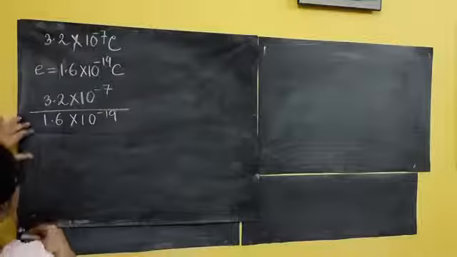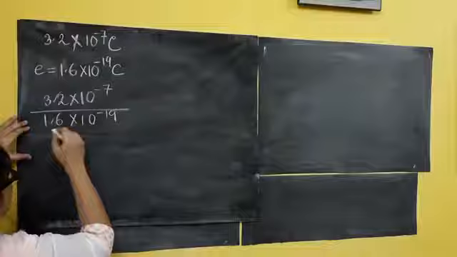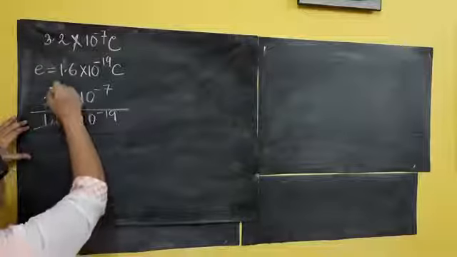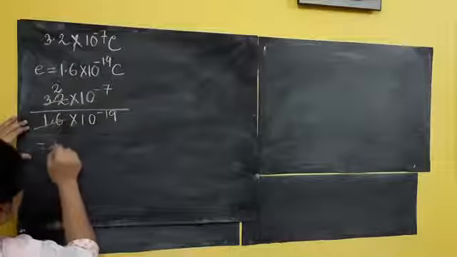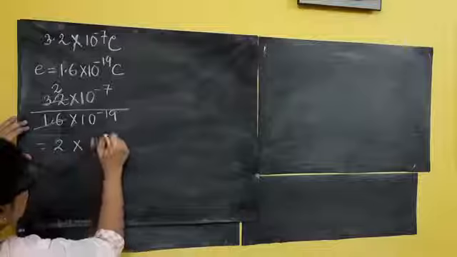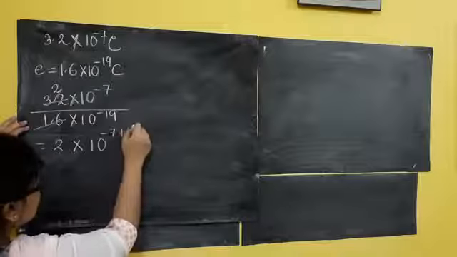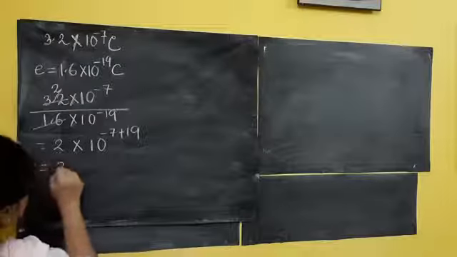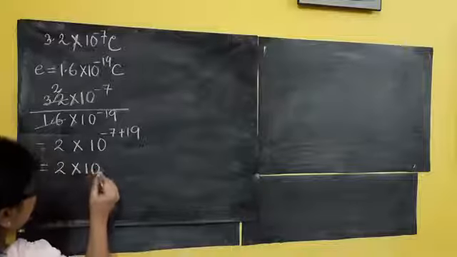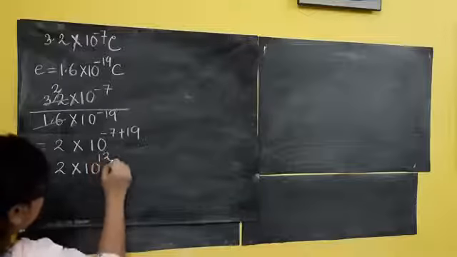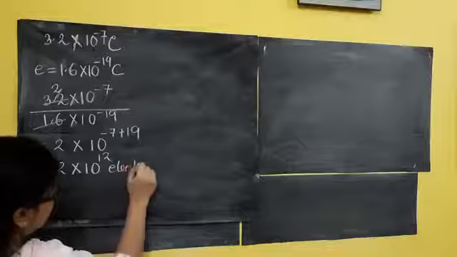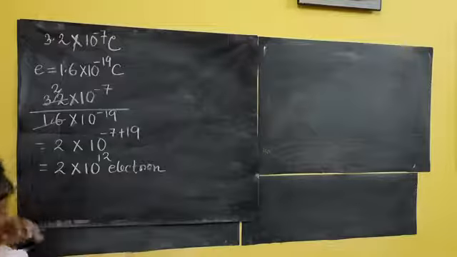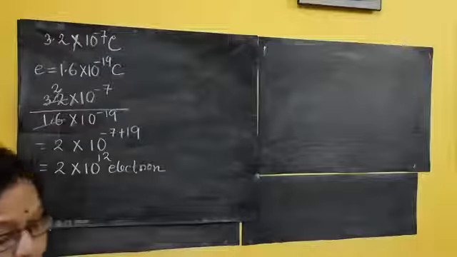Let's do the division. The point will be gone: 32 by 16 is 2, into 10 to the power minus 7 plus 19. So 2 into 10 to the power 12 electrons have been moved from one to another.